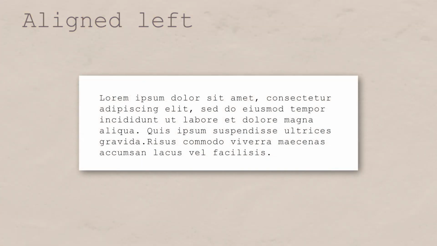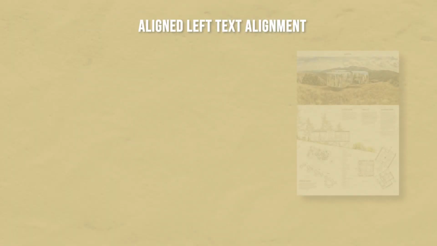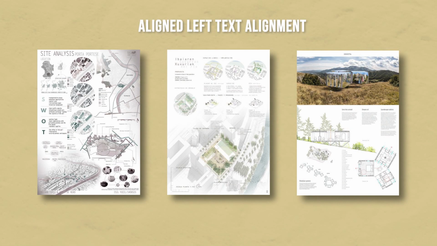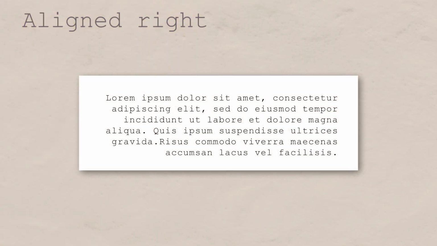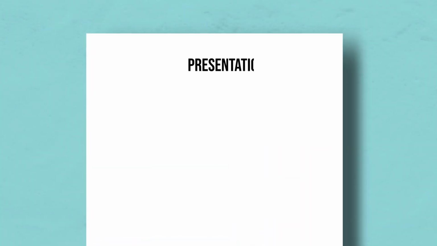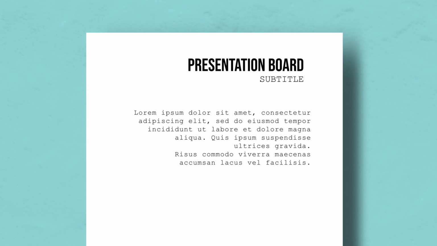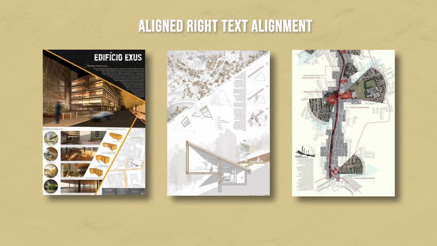Flush left is an organic alignment as you have the hard edge on the left side and a soft edge on the right side. Flush right is unusual because where you usually read is organic and soft, and then the other side is hard. It is unusual, but definitely dynamic and might work in some cases.